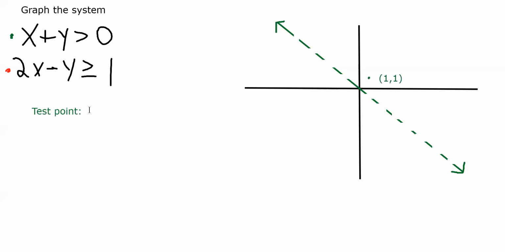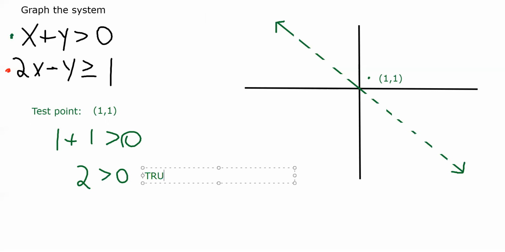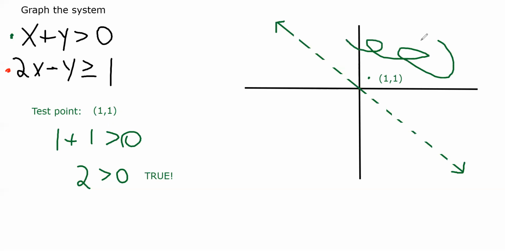So that's going to be my test point, and I'm going to try it out in this first inequality here. I'm going to plug a 1 in for x plus a 1 in for y, and I'm asking if it's a true statement greater than 0. Is 2 greater than 0? Yes. So we're going to end up shading this region here.